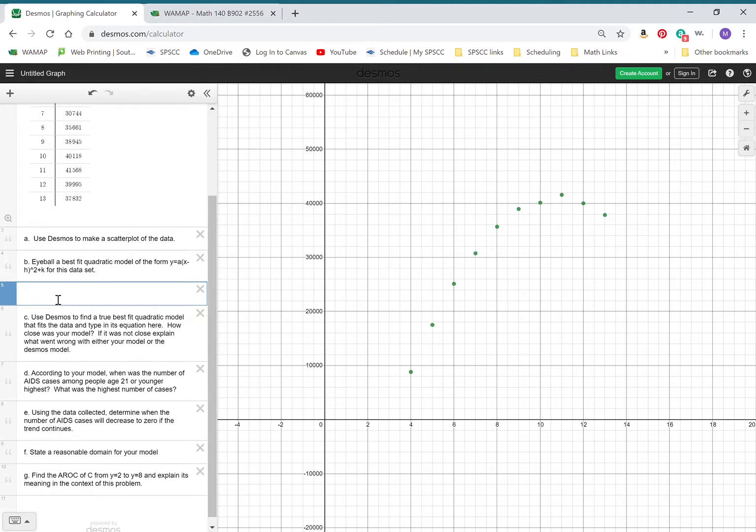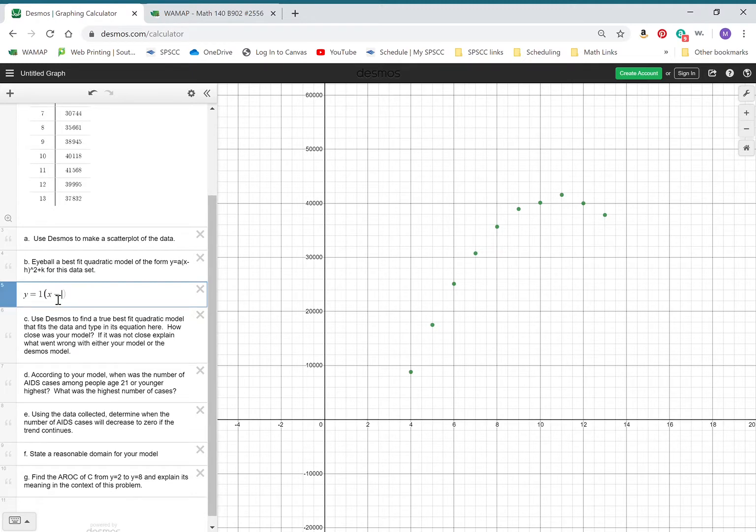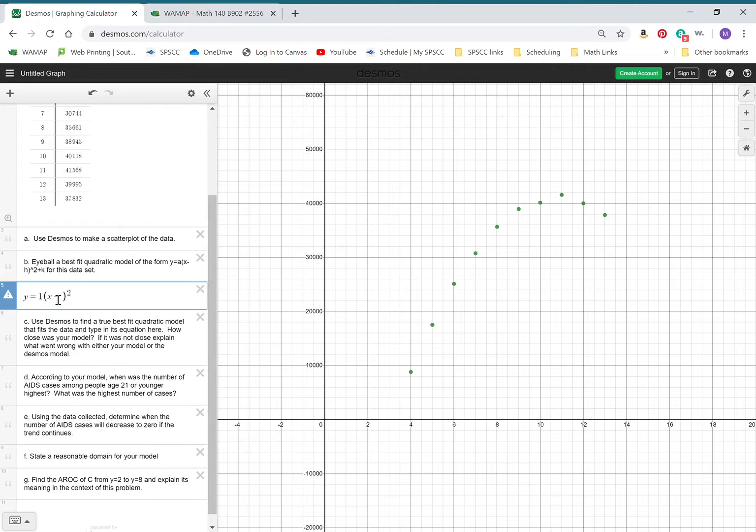Okay, so I know I want y equals something, so we're just going to start with 1 times (x minus something) squared plus something.